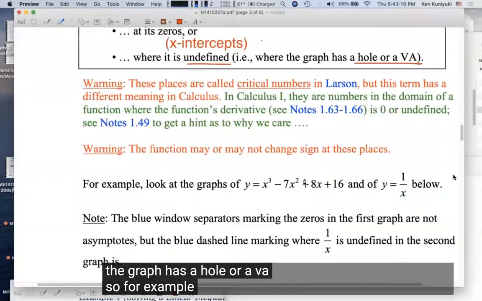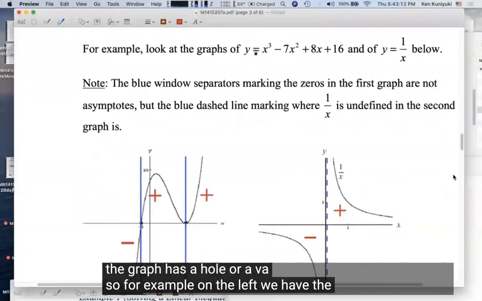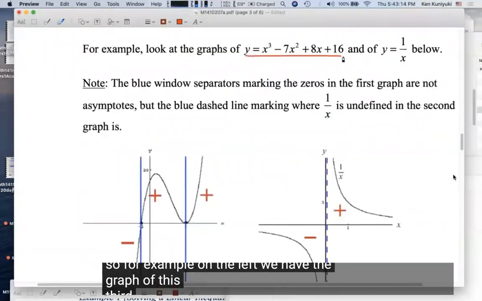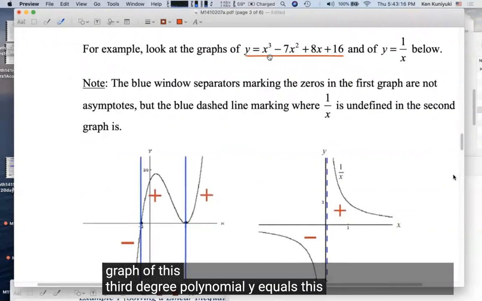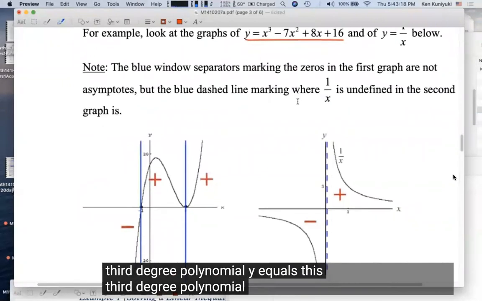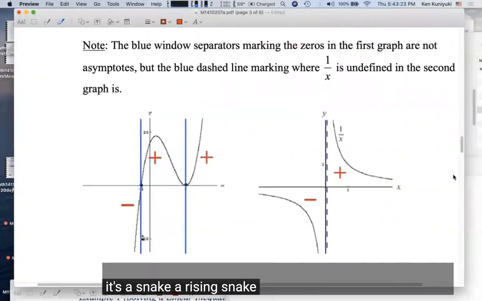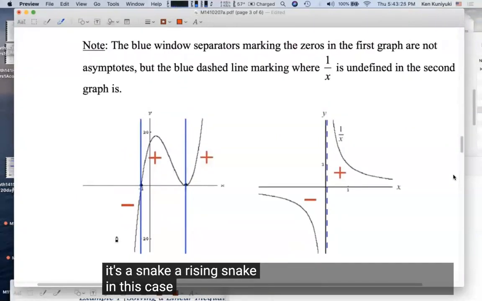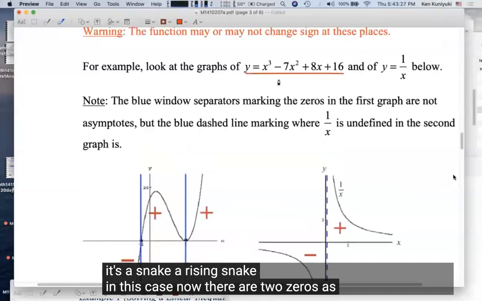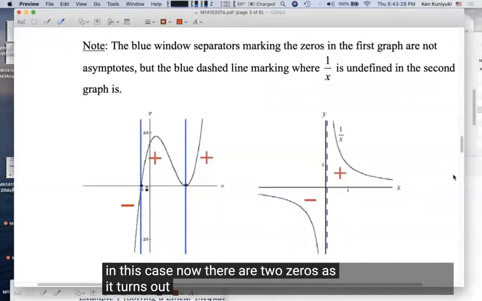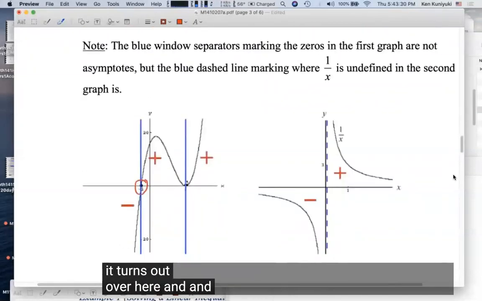That is, where the graph has a hole or a VA. So for example, on the left, we have the graph of this third degree polynomial. It's a snake, a rising snake, in this case. Now, there are two zeros, as it turns out. Over here, and then over here.